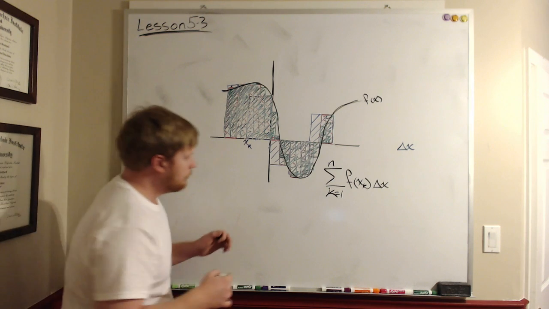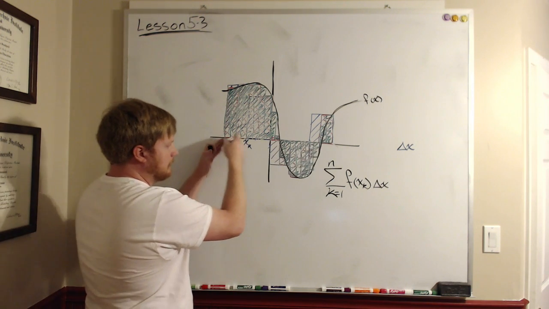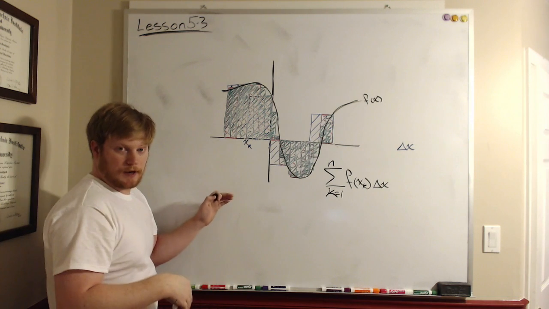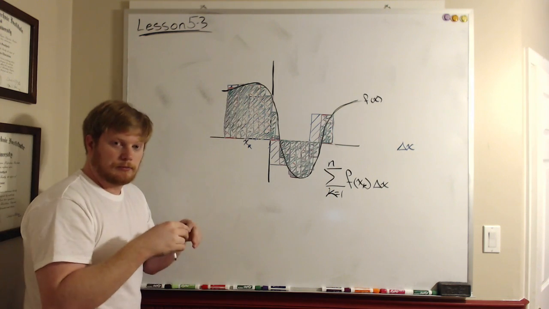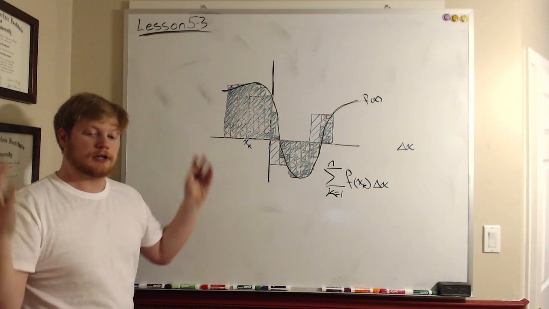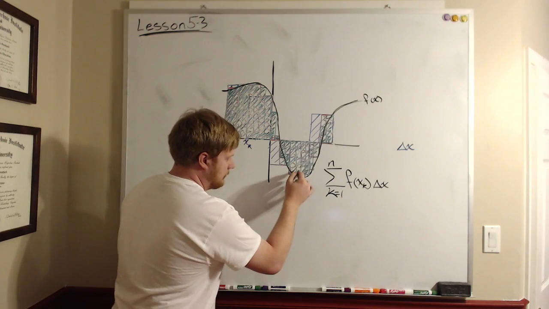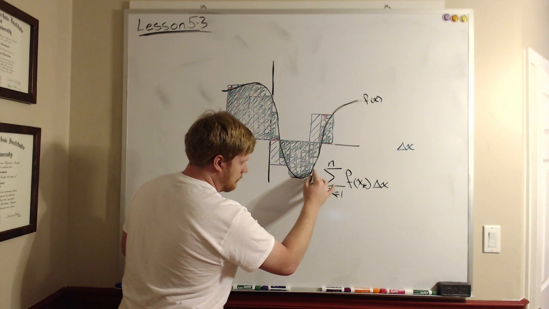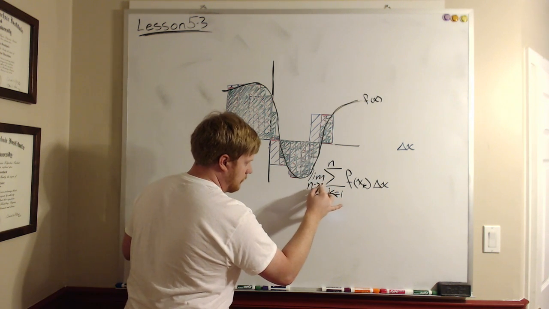Now, what I want to do is I want the number of rectangles, which is what this n is, to approach a very large number. And what does that imply? Well, let's take the limit as n goes to infinity.